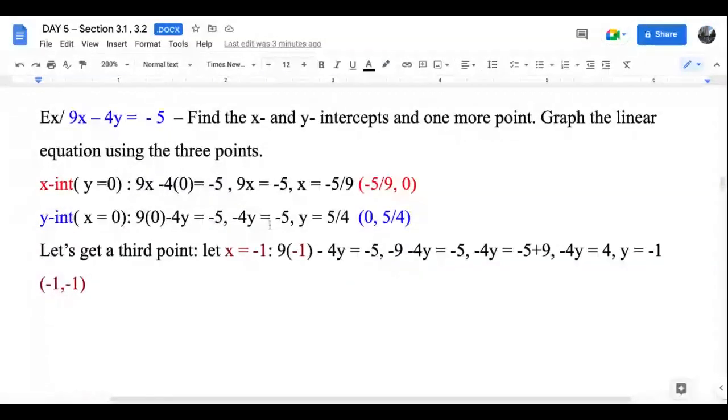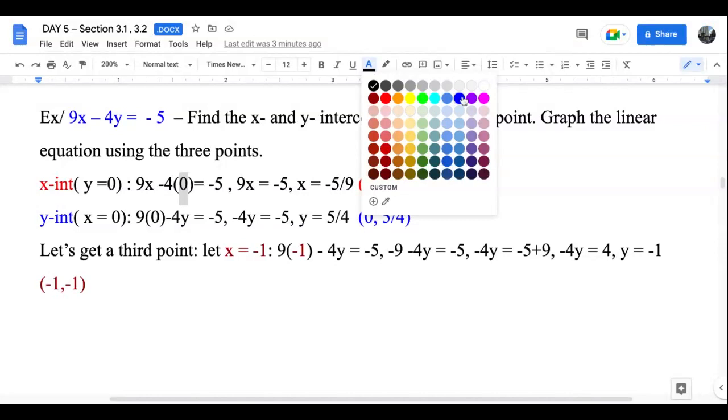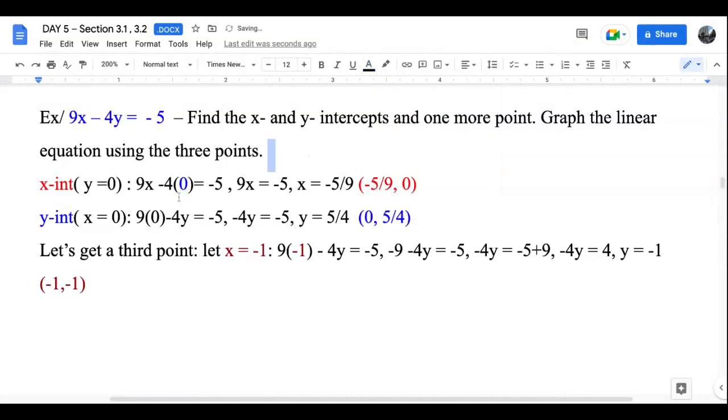Well, let's see this example. So we have 9x minus 4y equals negative 5. Right? So we want to find the x-intercept, which means we assign y to be 0. Then we solve for x.